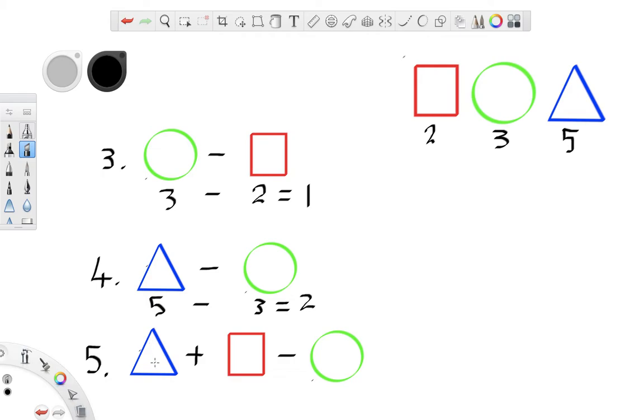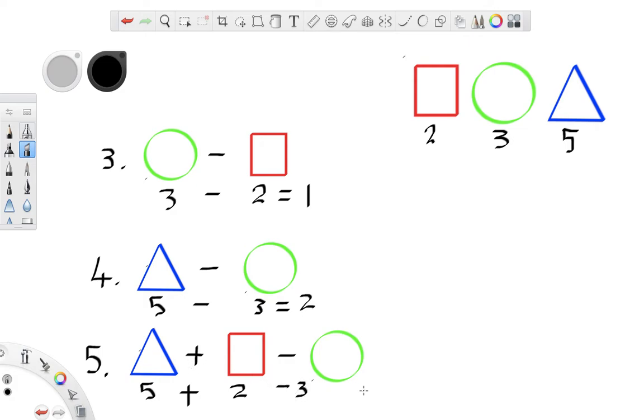And then question 5 is the blue triangle plus the red square take away the green circle. So our triangle is the number 5, and that's added to our square, which is the number 2, and then we're taking away the number 3 for our green circle.